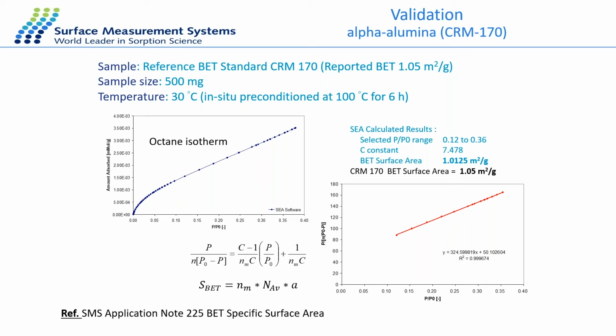Before the adsorption isotherm measurements, in situ conditioning was applied at 100 degrees C for 6 hours. The surface area we determined using this octane isotherm was 1.01, which was really close to the reported value.